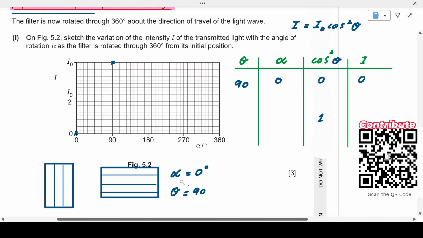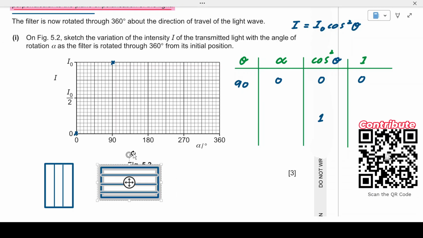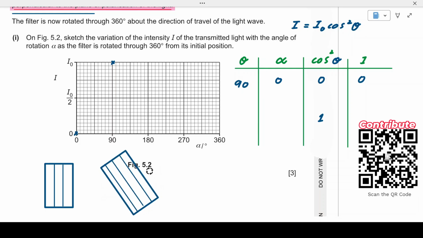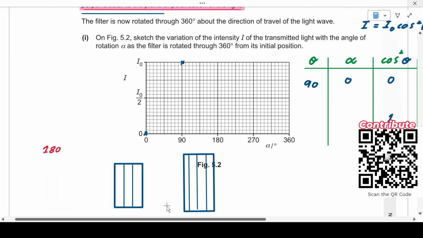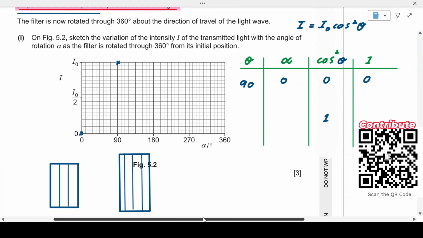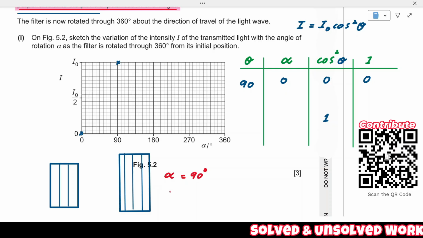Now if we rotate this by 90 degrees, the value of alpha becomes 90. I'll rotate it right in front of you. This filter is rotated 90 degrees. It looks something like this. So if you rotate it 90 degrees, the angle alpha is obviously 90. But what is the angle of this analyzer with respect to the filter or polarizer?